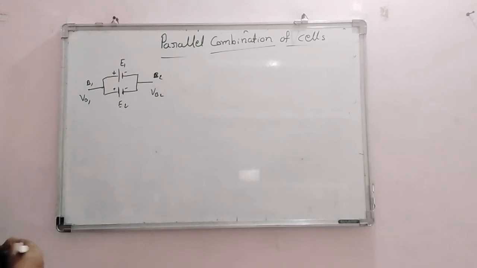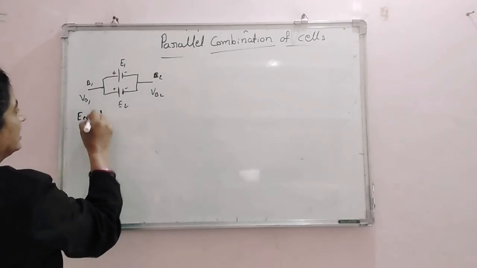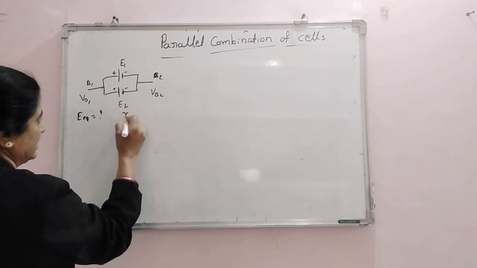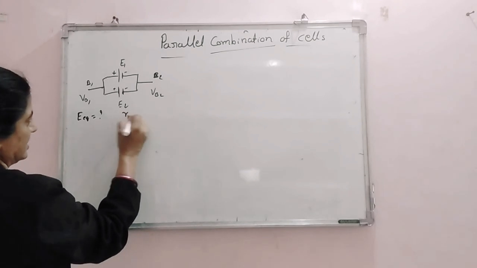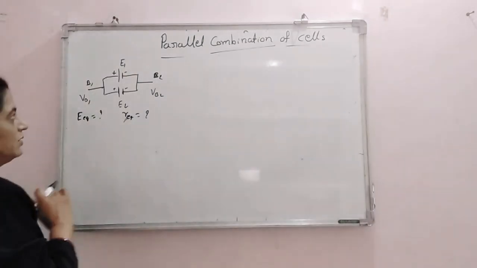Now, what is the net equivalent EMF? We have to find out the equivalent EMF and the equivalent internal resistance of these cells, that is R equivalent. These cells are in parallel combination.